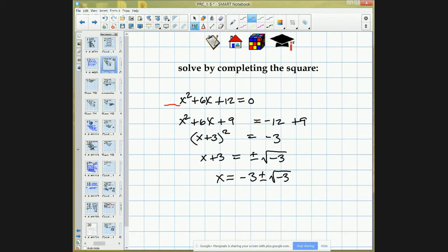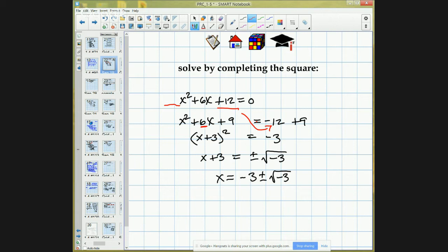Then you basically vacate the constant, get it on the other side, which I did by subtracting from both sides. And now you go through the completing the square process. Locate the b guy, 6, take half of it, 3, square it, 9.